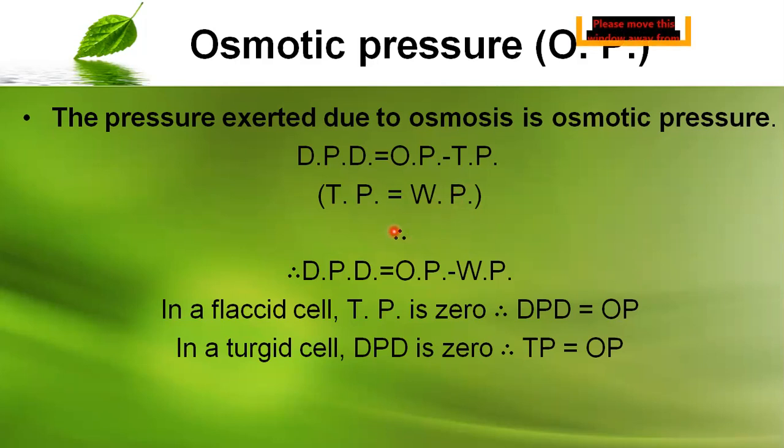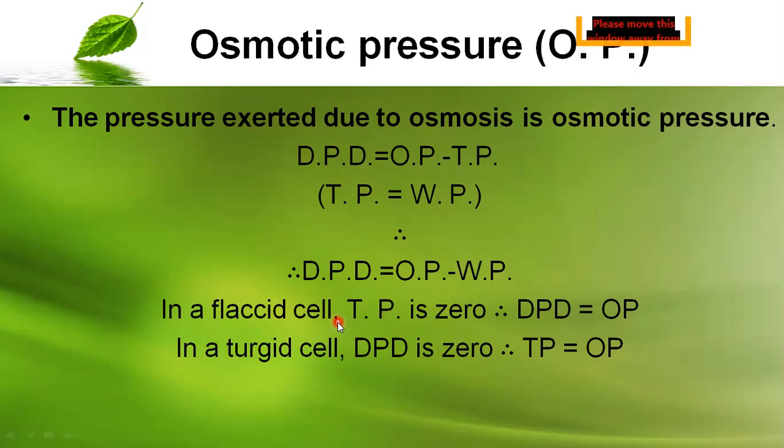Now this diffusion pressure deficit is the osmotic pressure minus the wall pressure. So instead of TP we can write WP, that is the wall pressure.